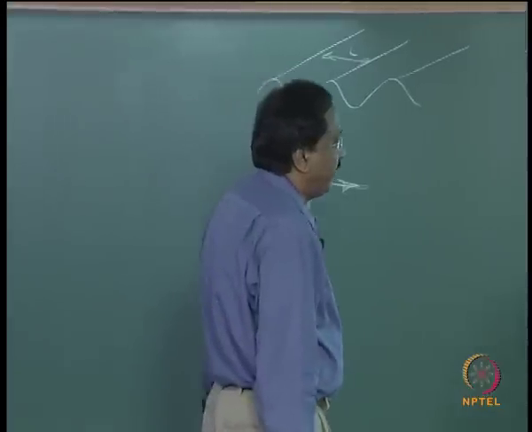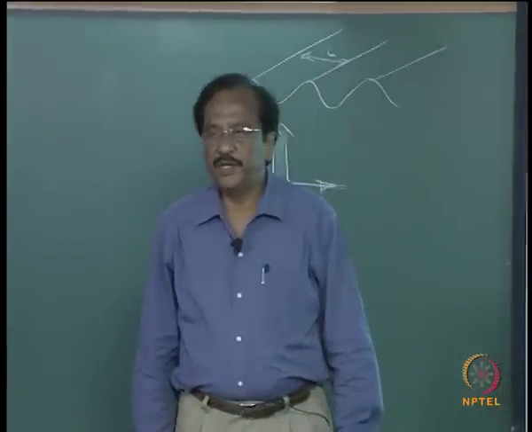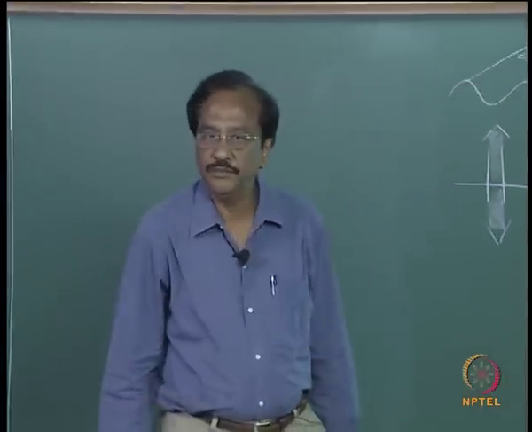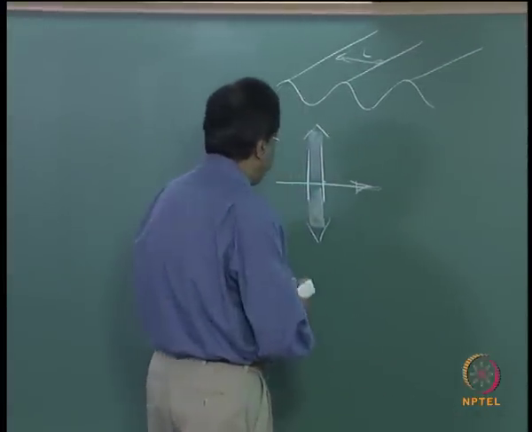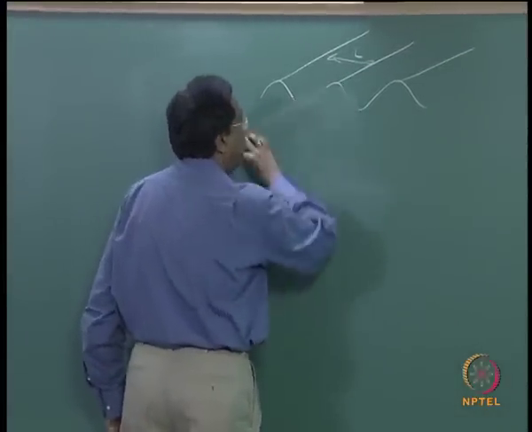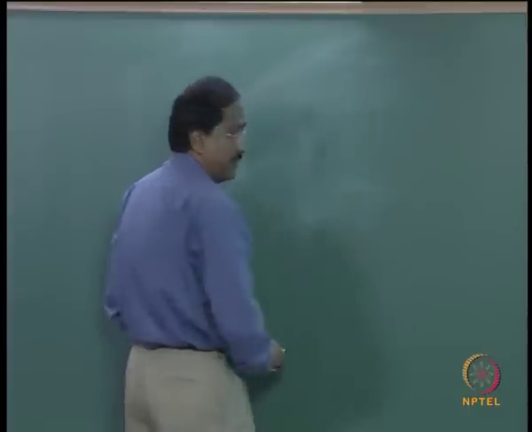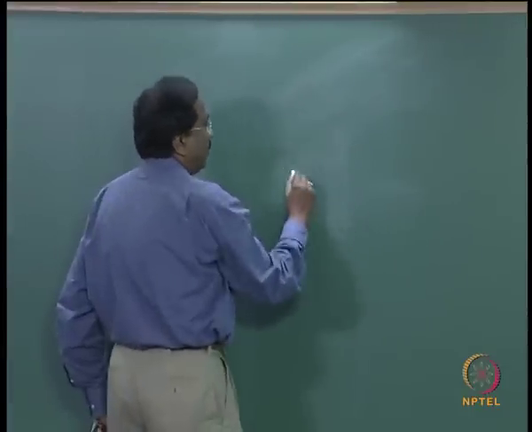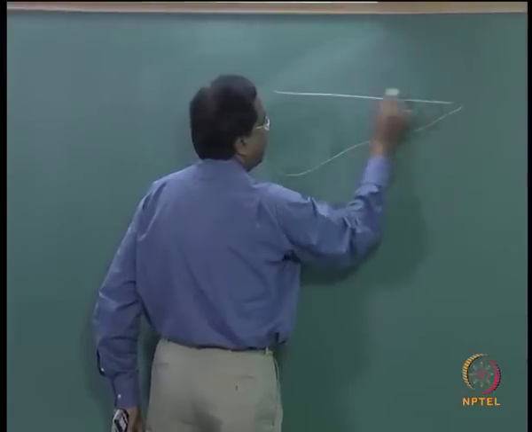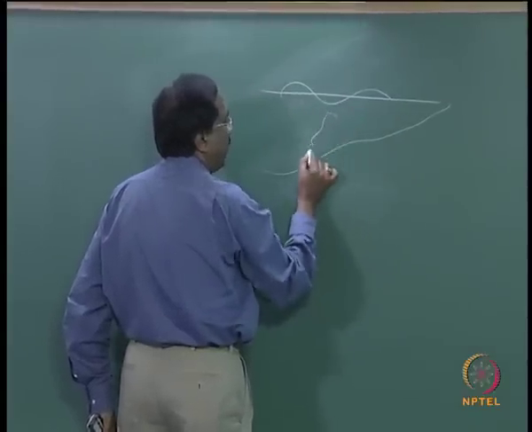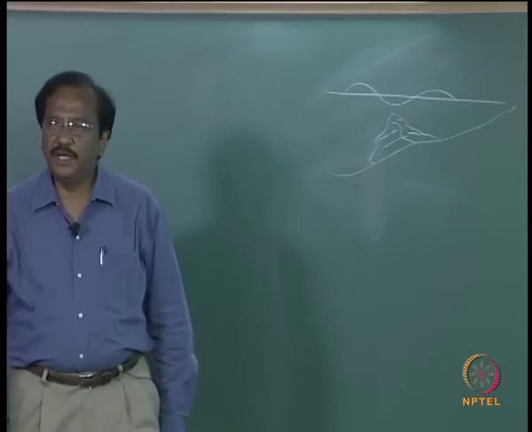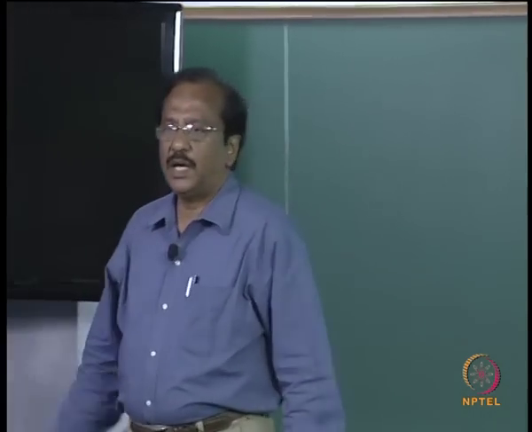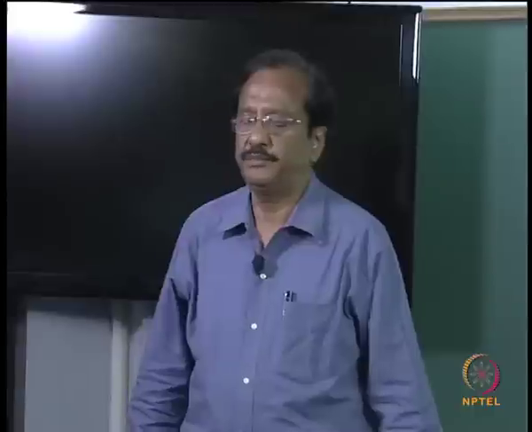Next is attenuation, and this attenuation can be due to anything: the presence of outcrops, submerged outcrops or reefs. So, you have the waves moving, and you have some kind of outcrop or reef or a ridge for that matter.